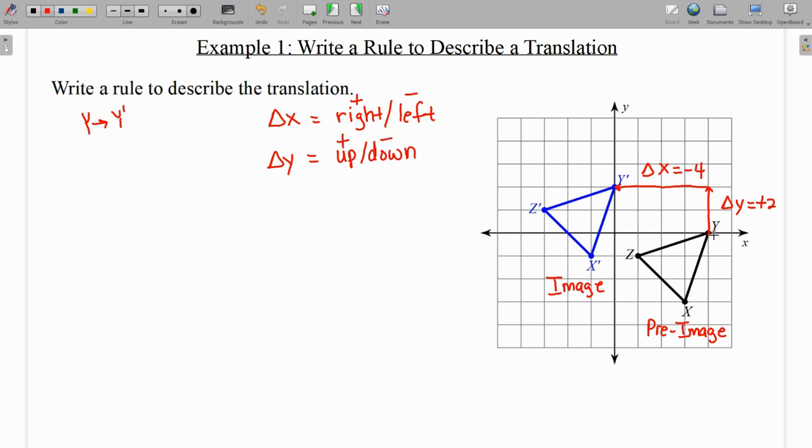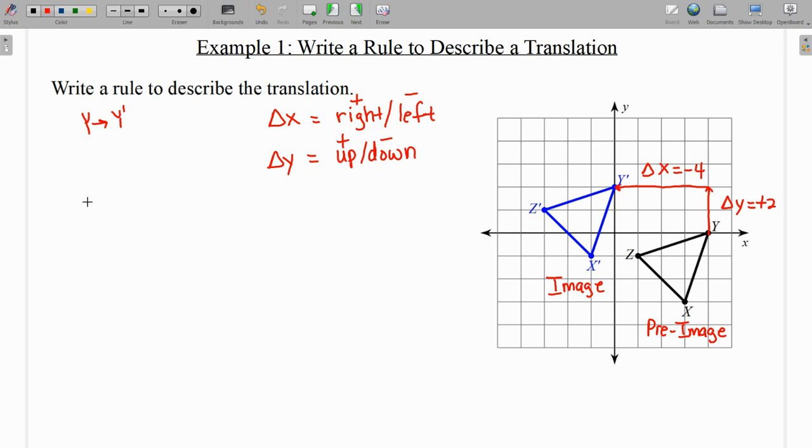So in this example, when we went up for y, from Y to Y prime, since we're talking about up, that's a change in y, and I called that a +2 since I did go up. And since I went to the left, that's our change in x, which is a -4.